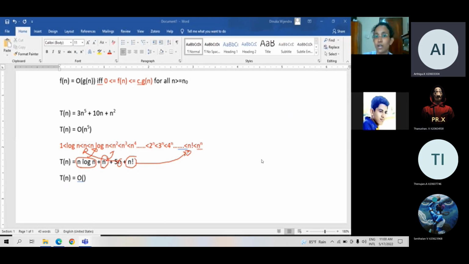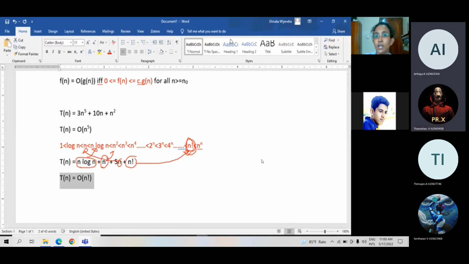The upper one is always going to the right-hand side, because this is a less-than order, so the right-hand side is always the bigger value. So n factorial is the upper limit according to that condition, so the answer here is n factorial. This is how you find the answer if you can't find the upper term very quickly. You have to remember this condition.